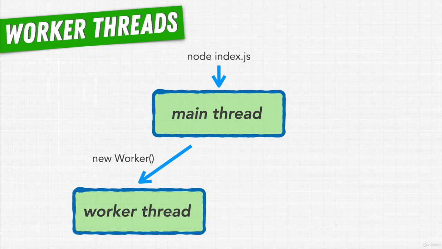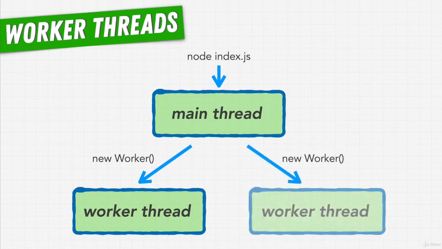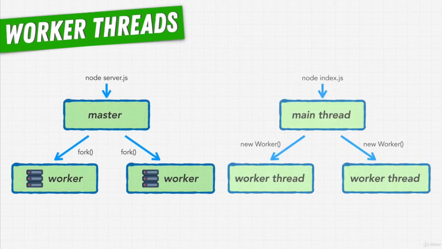And just like with the fork function, we can create as many workers as we'd like. If this seems very similar to you, that's because it is. If we look at them side by side, the flow to create worker threads and processes follows the same structure.